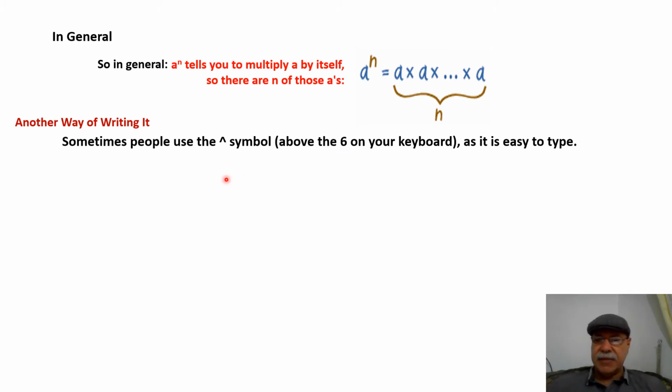You write this, meaning power, and after that you write the power 2, 3, 4, 5. For example, we have here 2 to the power 4, meaning 2 times itself 4 times. You see, 2 times 2 times 2 times 2, we get 16. We get 16 as the result of 2 power 4.